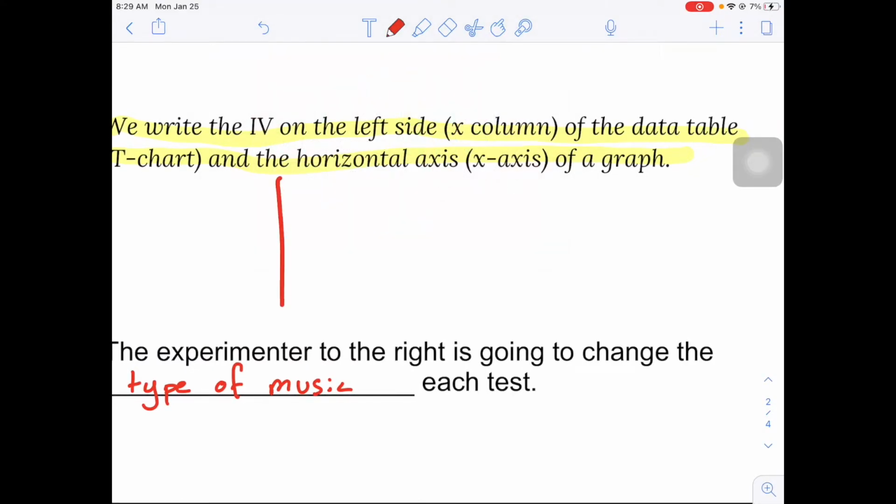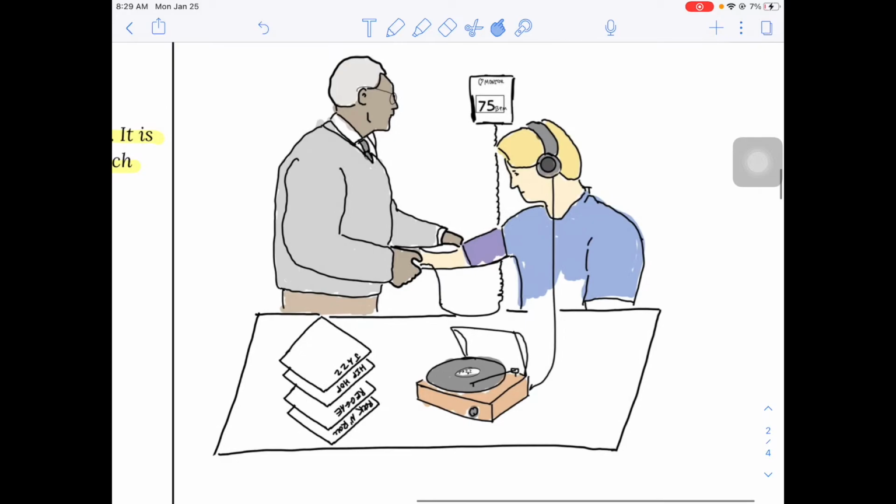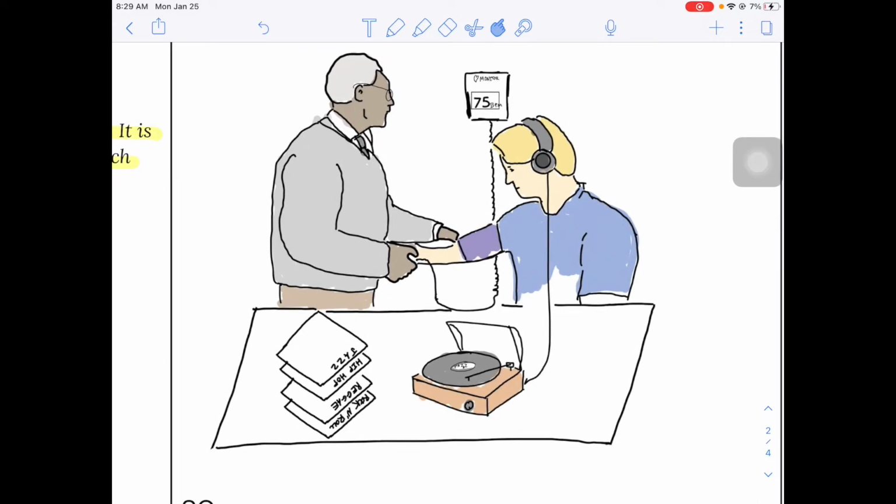If you have a t-chart or a graph, you're going to write your independent variable on the left side and on the horizontal side of your data table and graph. So what is the independent variable in this experiment? Take a second, pause the video, and tell me in a couple sentences what's happening in this experiment.